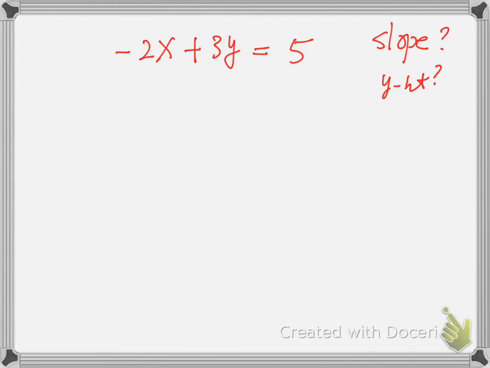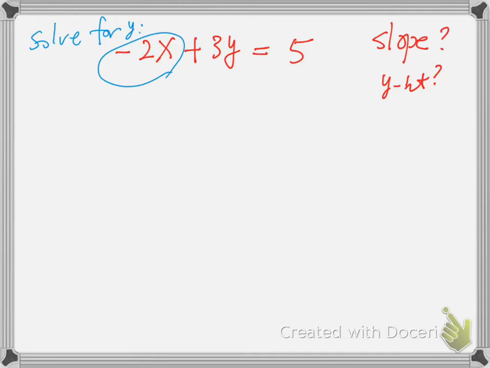Let's say negative 2x plus 3y is 5. Let's find the slope and y-intercept. We change this question to a linear equation problem. Solve for the letter y. Always solve for the letter y.